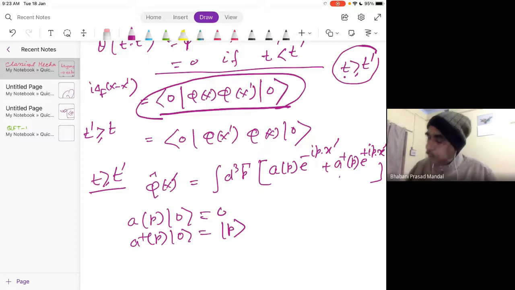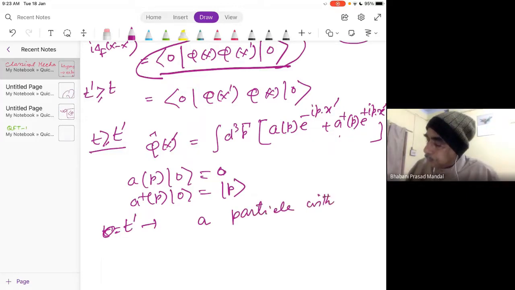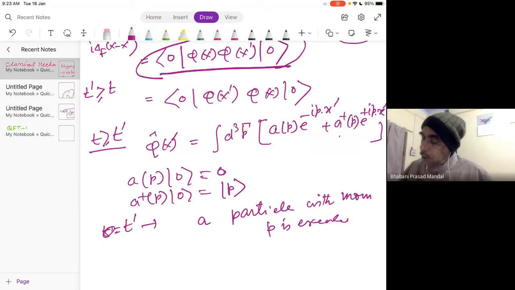That we know. So at time t', a particle with momentum p is created, because we are concentrating on phi(x').